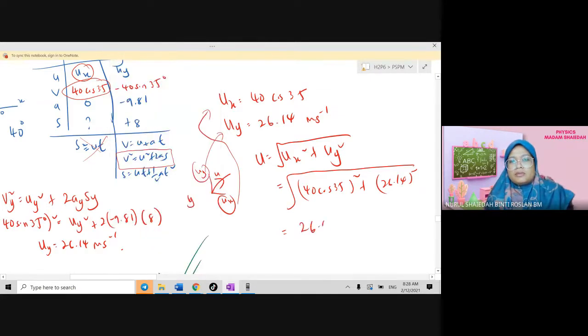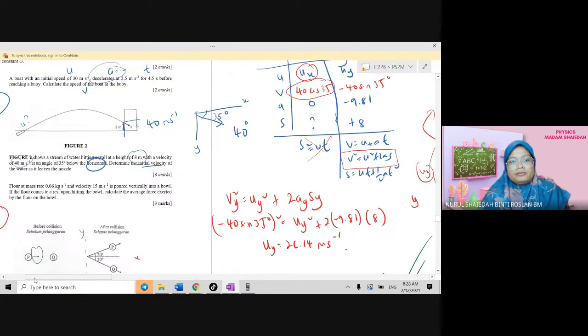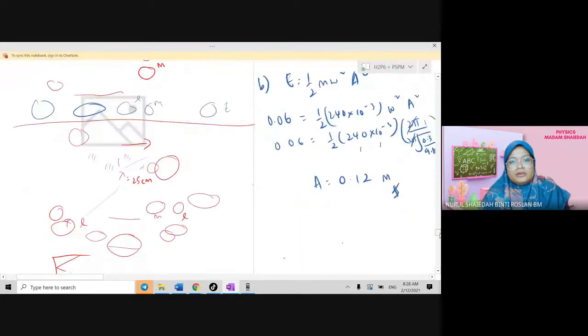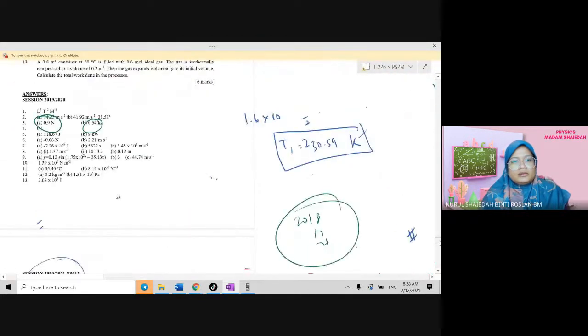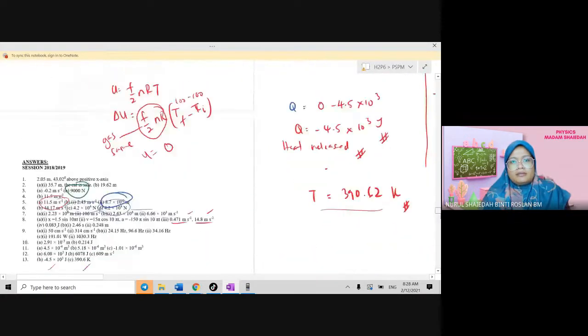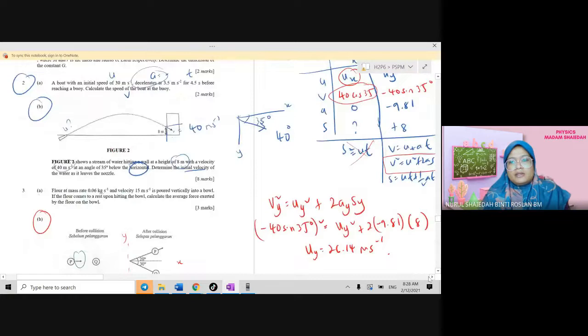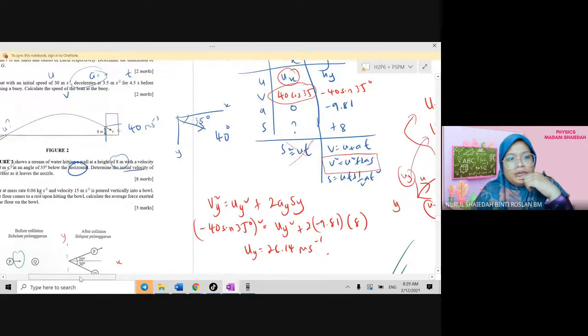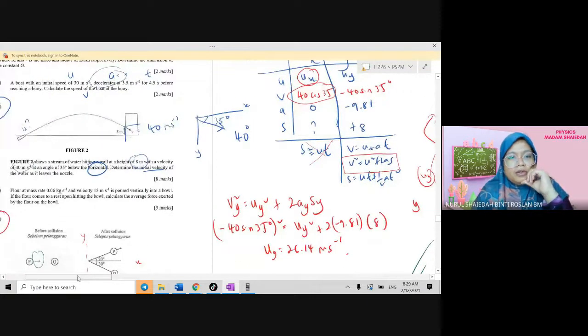Betul ke? 26.65. Macam lain macam ni depan dia. And then find the angle lah. Tengok balik depan ni betul ke? Forty-one. 41. Yang salah ni, tengok balik. Kalau masuk nilai ke apa? 40, yes. Dia kata below, angle dia below horizontal.